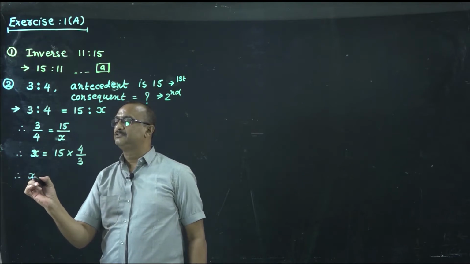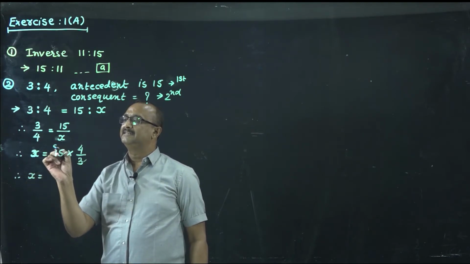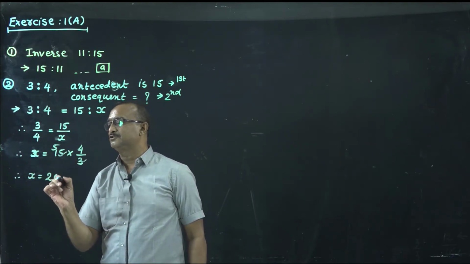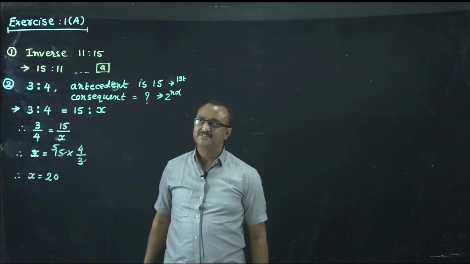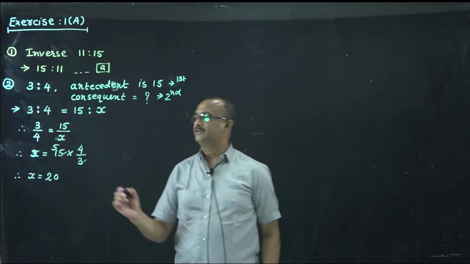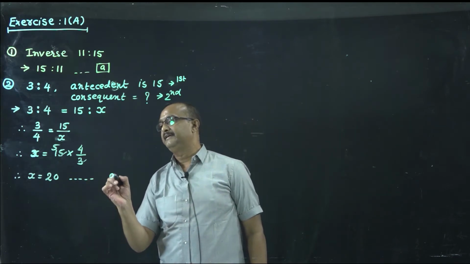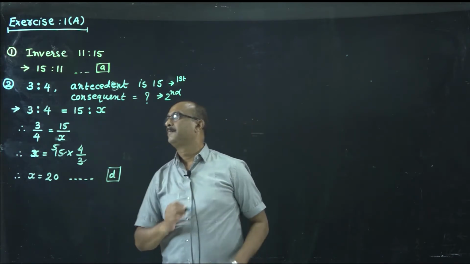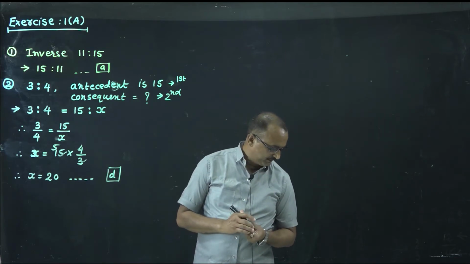Therefore x is equal to what? 5 3s are 15 and x is equal to 20. So our consequent is 20 and our option D is correct.